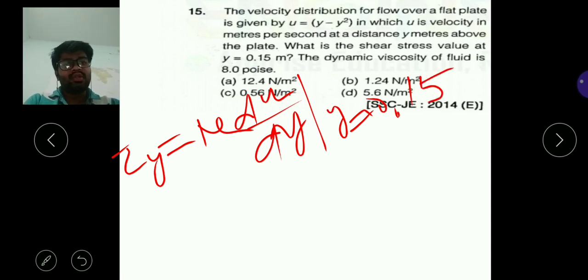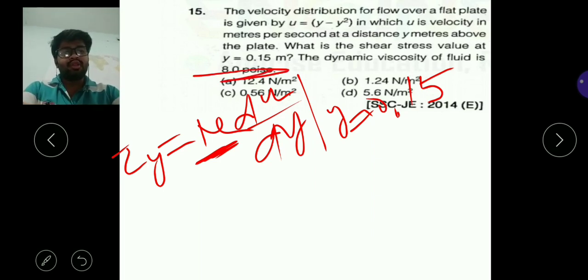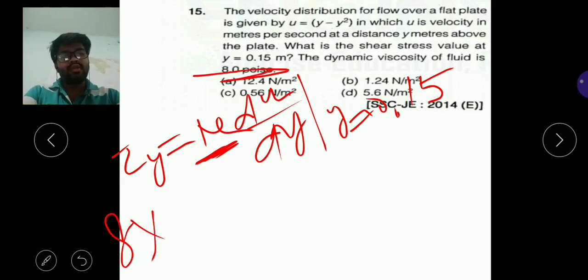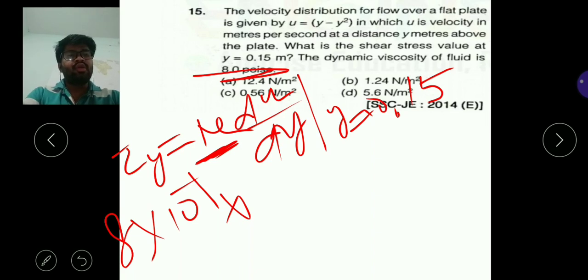Here mu is 8 poise, so we need to convert that into SI unit. That will be 8 into 10 to the power minus 1 into du by dy, where u equals y minus y square. Differentiating y minus y square, I get 1 minus 2y.